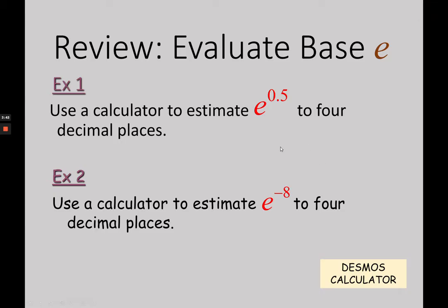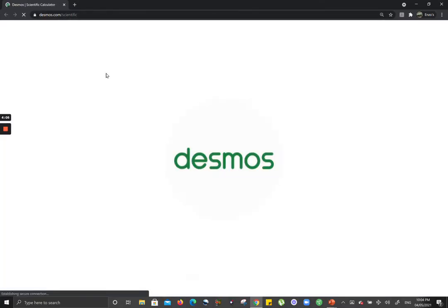So I forgot the value of e to the power of 0.5, but here it is. It's 1.6487. Using the same calculator technique, e raised to negative 8 should have the value of 0.0003. Let's check one more time. E to the negative 8.